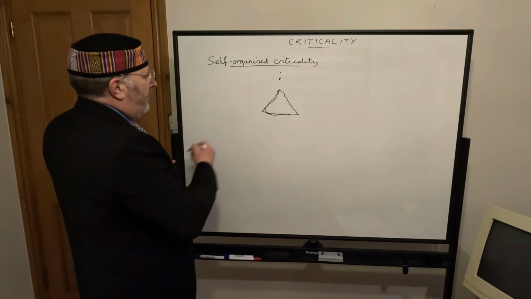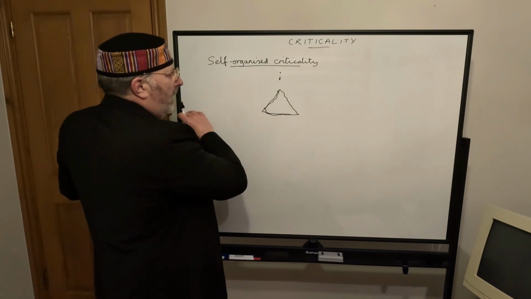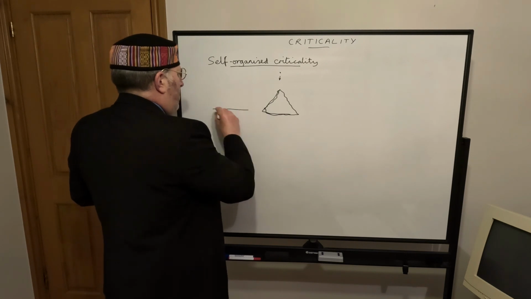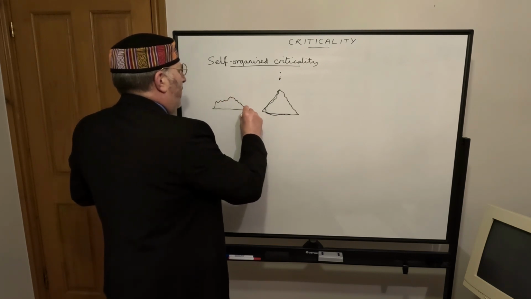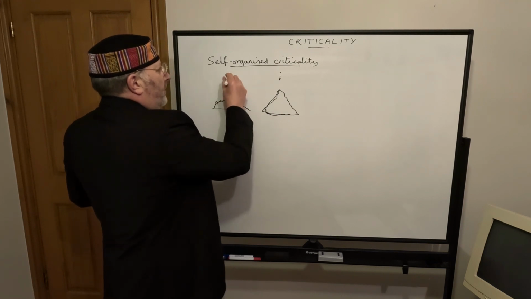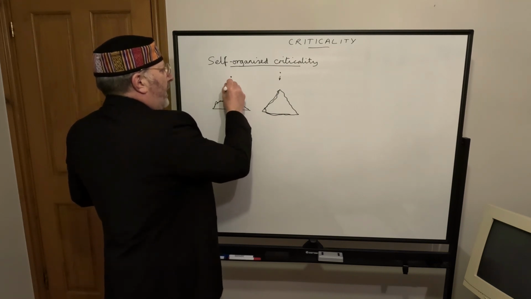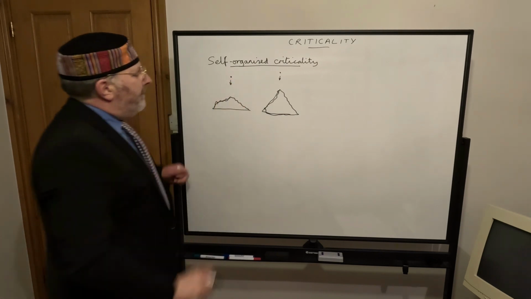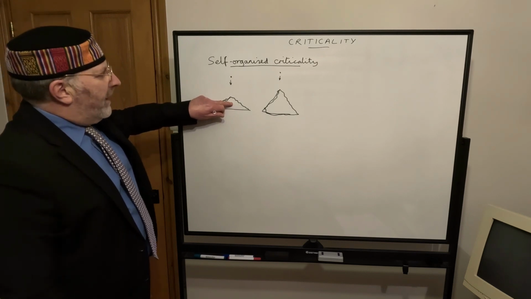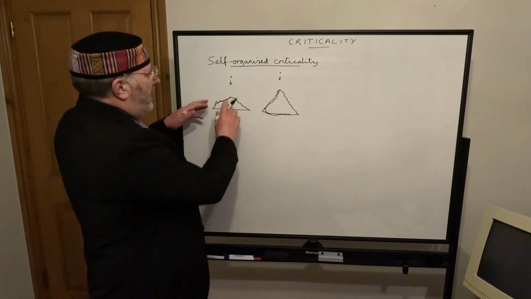And then the point about this is that if you were, say, to wipe away a lot of the sand and make it shallower, as you kept dropping sand on this, you wouldn't find a power law in the size of the avalanches. But what would happen?